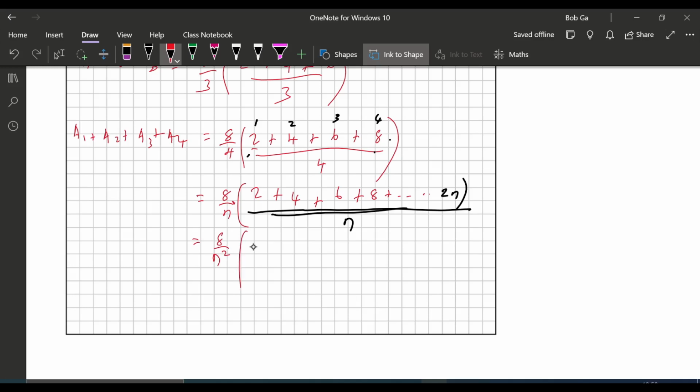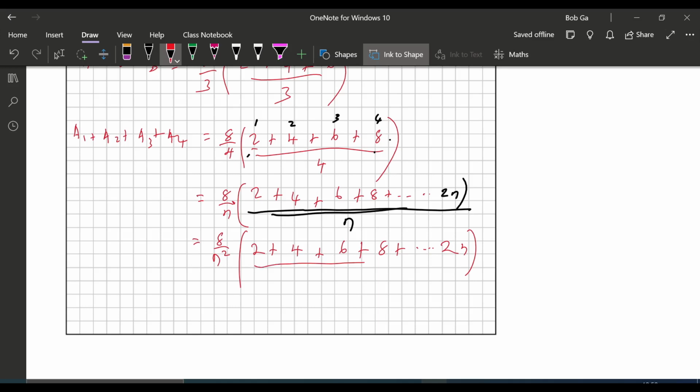into 2 plus 4 plus 6 plus 8 plus up to 2n. So remember the denominator n is already here. What we can now see is that we have a sequence here with a difference of 2.